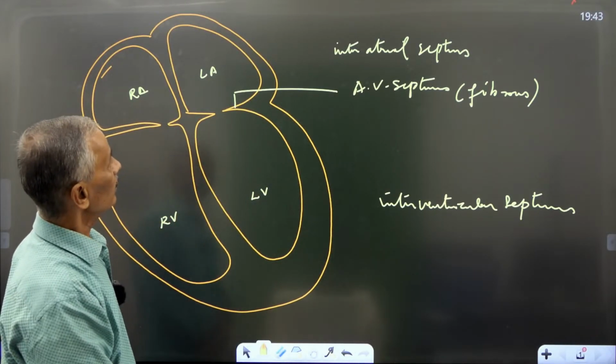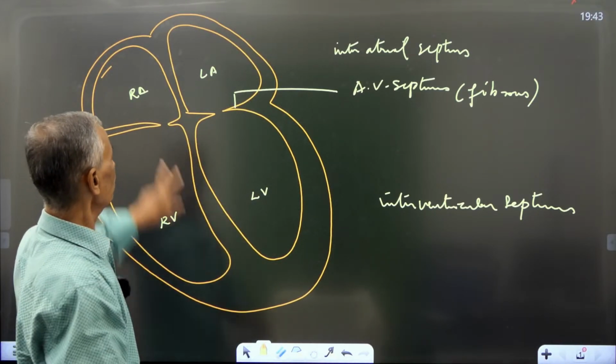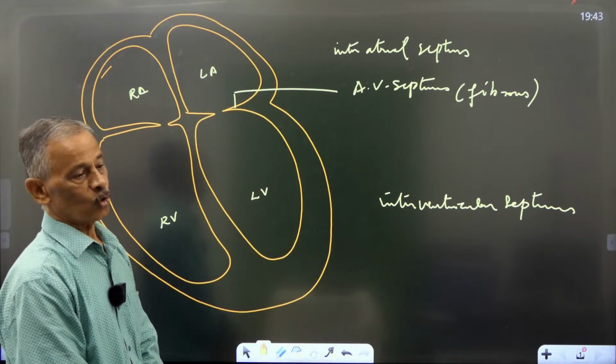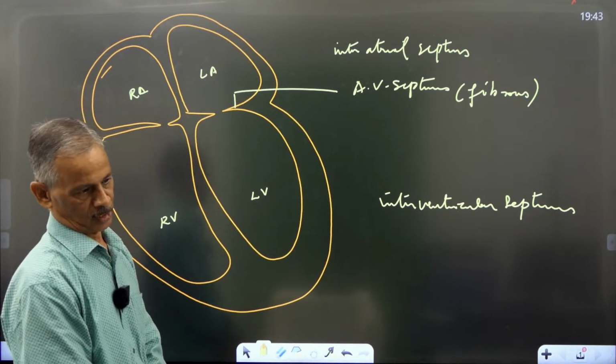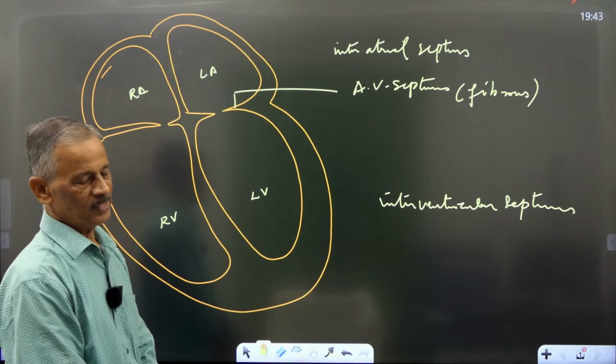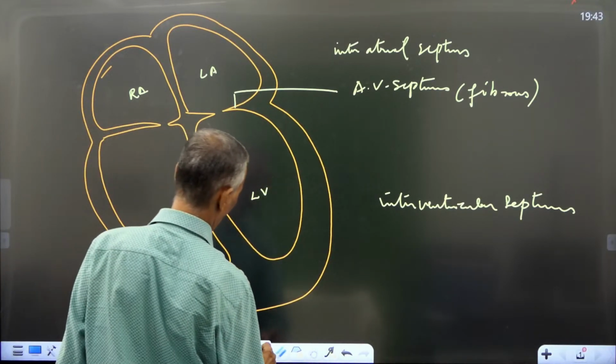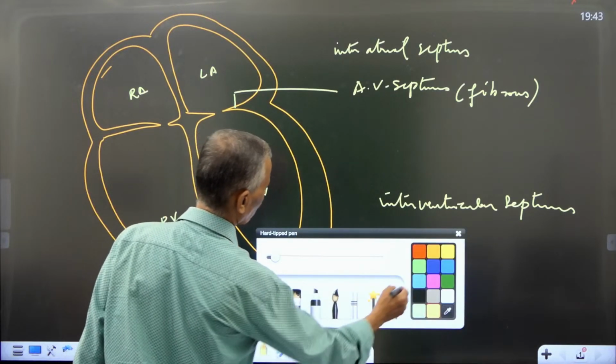In this atrioventricular septum, there are two apertures. They are called atrioventricular apertures. Aperture means openings. These openings are guarded by valves.